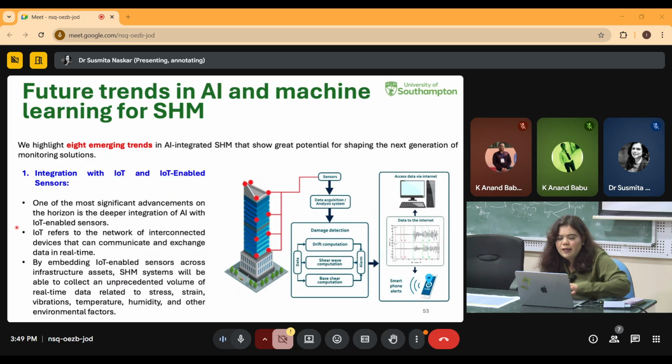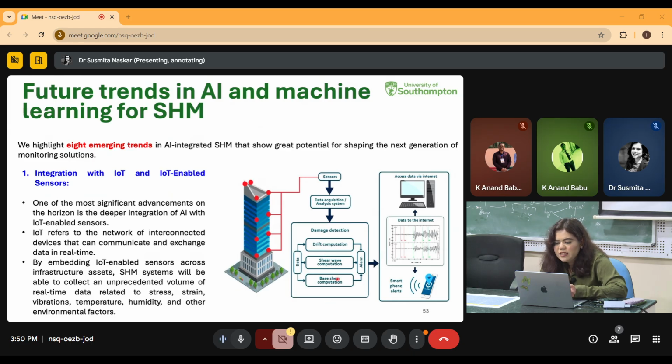And then this is a very generalized diagram. Here you can see a nice flowchart where the sensor is collecting the data. Then the data is transmitted to data acquisition, which is this one, right? And then the whole analysis system happens.